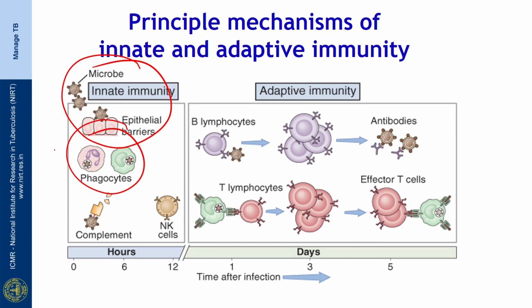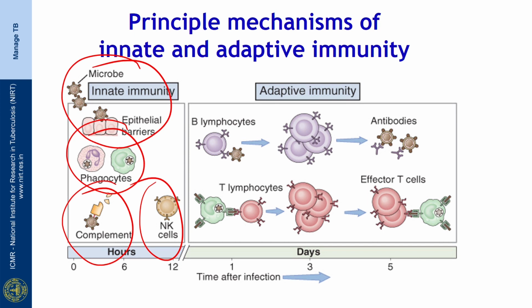The complement system is another major component of innate immunity due to its propensity to seek out and destroy infecting organisms.